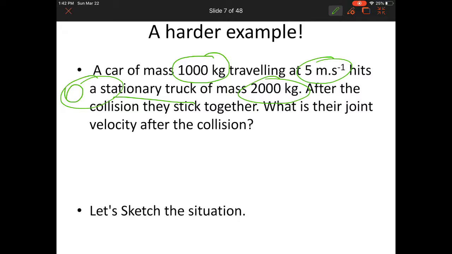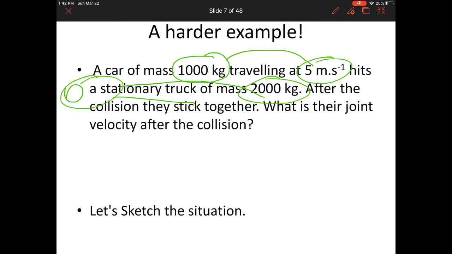So it's very simple. Remember the law. Momentum before the collision equals momentum after the collision. The momentum before is easy. We just calculate the momentum of the first car and the second vehicle. So momentum of the car plus momentum of the truck before the collision.